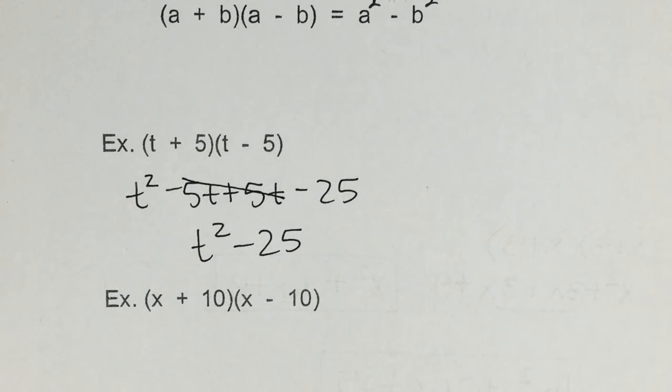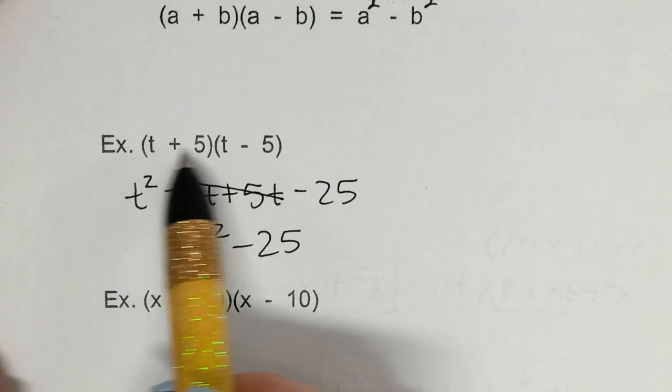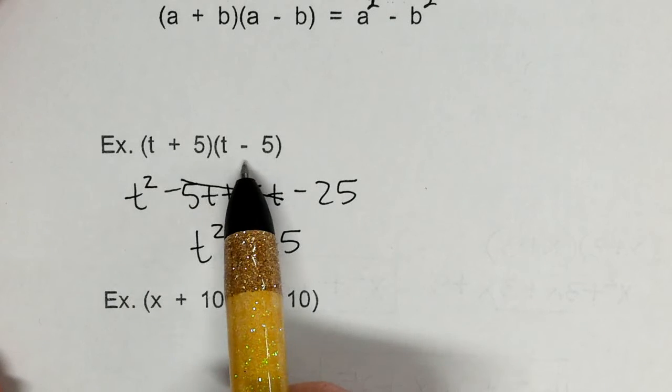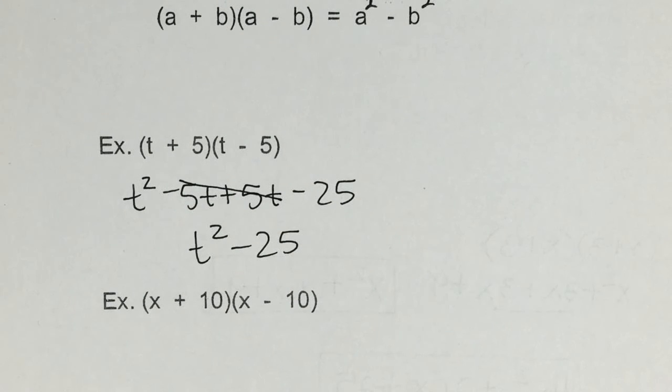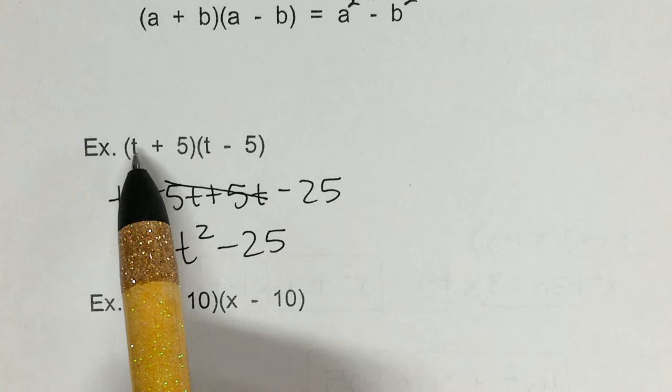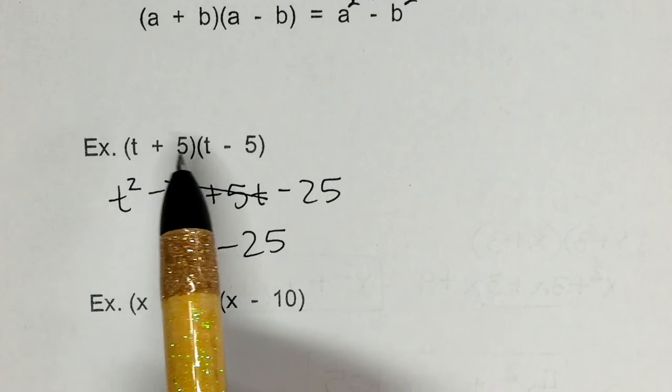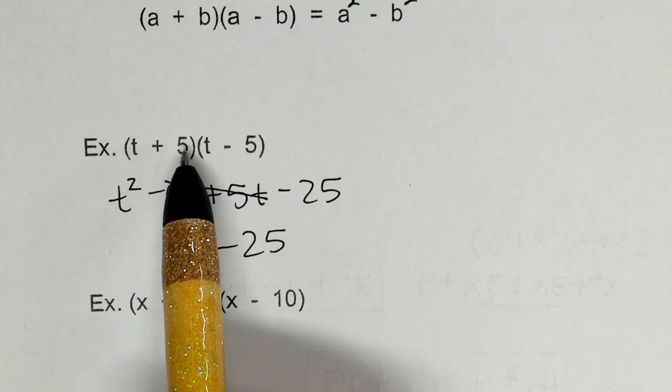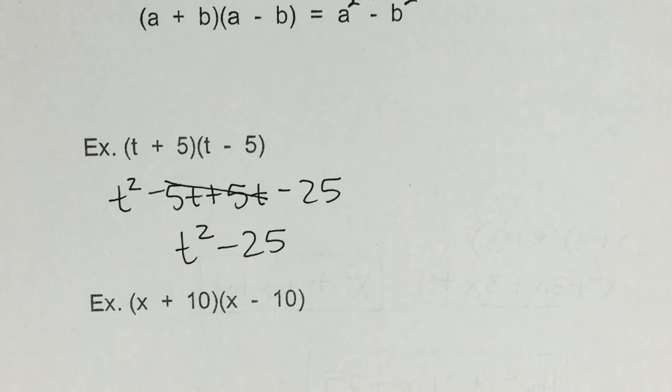So basically, when you have the exact same terms on the inside of the parentheses, but one is a plus and one is a minus, it's just going to be the first term squared minus the second term squared. Because the outer inner will end up canceling out. Does everybody understand?